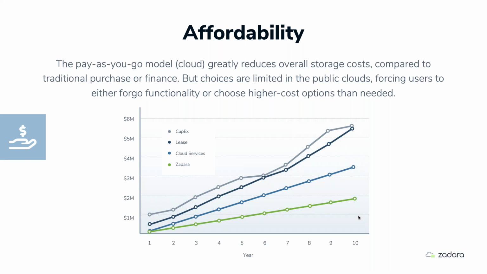We have advantages not only over legacy, no surprise, right? When you do a pay-as-you-go model, as the blue line indicates, all the public cloud services, you're going to be cheaper. It's just a fact.